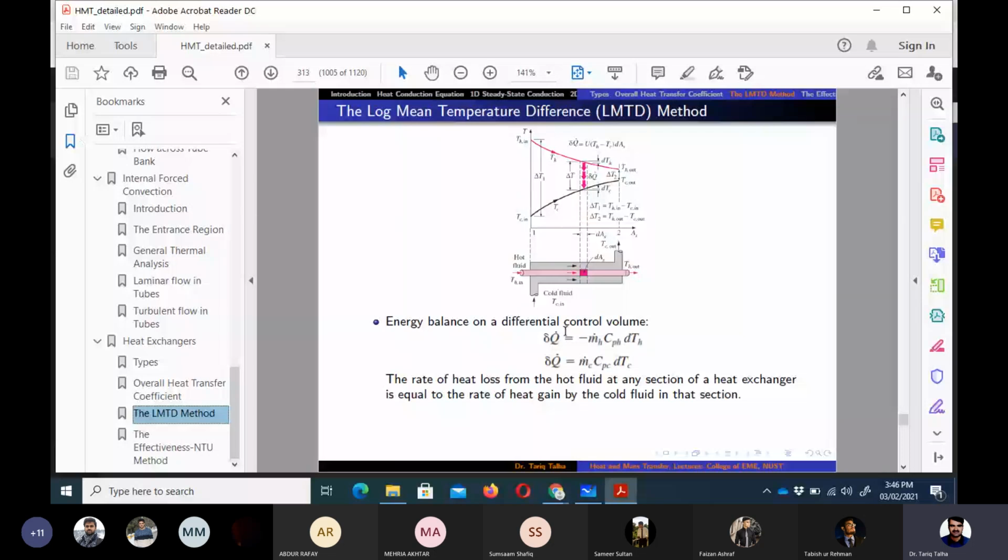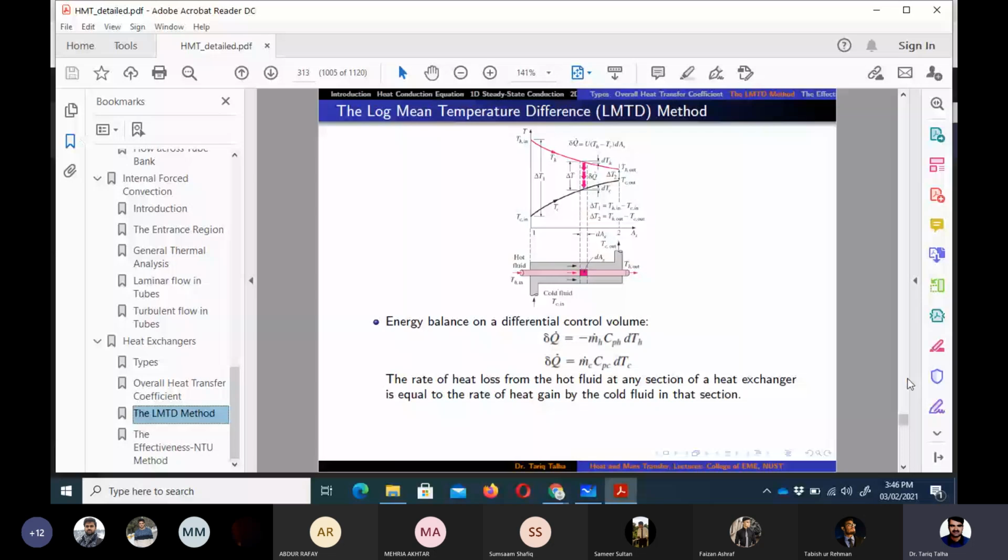So delta Q which is being taken away from the hot fluid would be equal to the same heat transfer gained by the cold fluid, which is m dot c, the specific heat at constant pressure for the cold fluid, into dTC. dTC is the temperature change happening when the fluid travels in this differential area. So it is also shown in this figure.